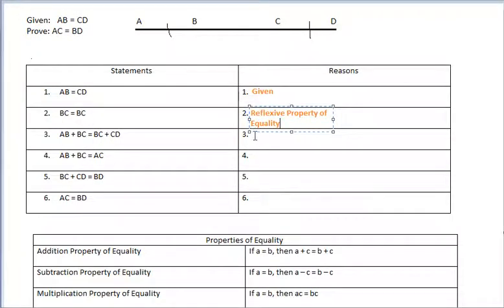The next thing that happens is AB plus BC equals BC plus CD. And if you guys notice, I basically added BC to both sides. So I'm going to come back down to my reasons down here.